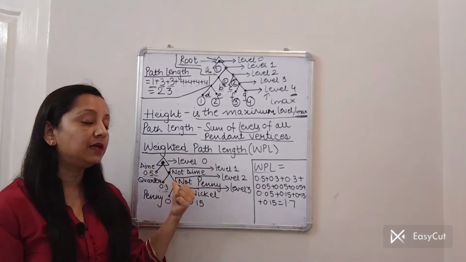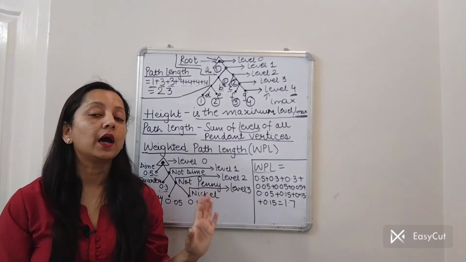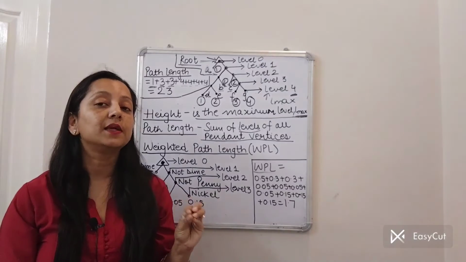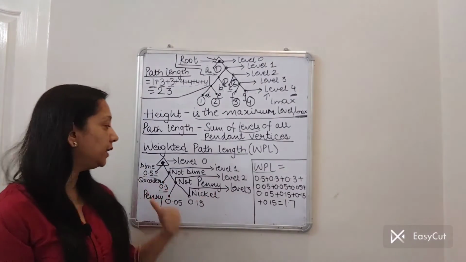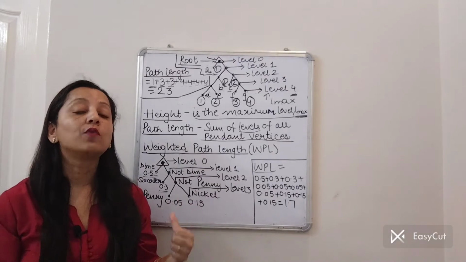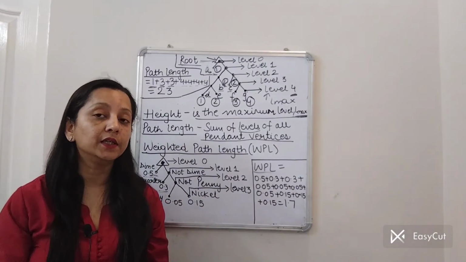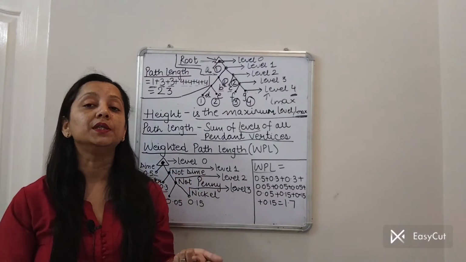So only if there is a dime, a quarter or a penny or a nickel, it will be entered in the slot. Rest any other currency will not be accepted by the slot of the cold drink machine. So what is the probability that a dime is entered, or what is the probability that a nickel or a penny or a quarter is entered in the cold drink machine? So these weights represent those probabilities.